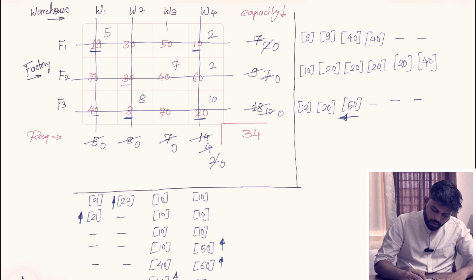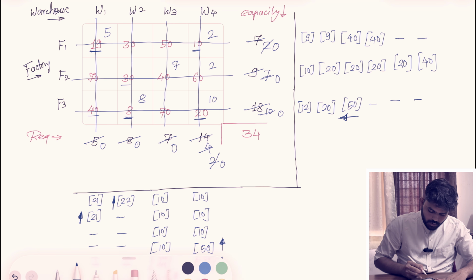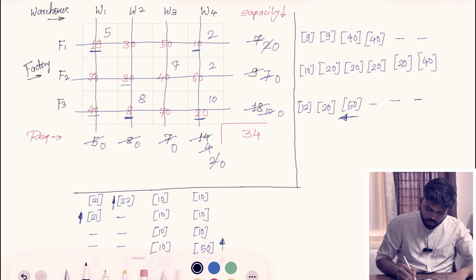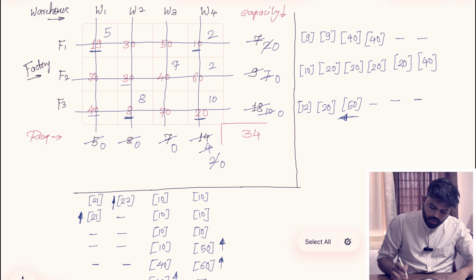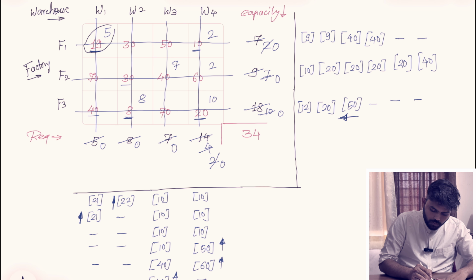With this we have completed the numerical by Vogel's approximation method. Let us mark down the allocated cell values. This is the first, second, third, fourth, fifth and sixth.